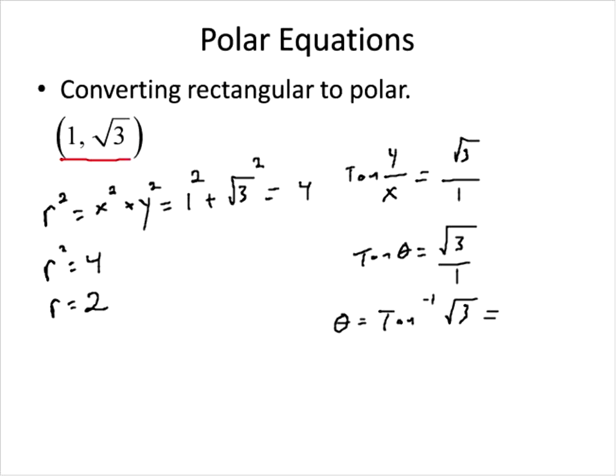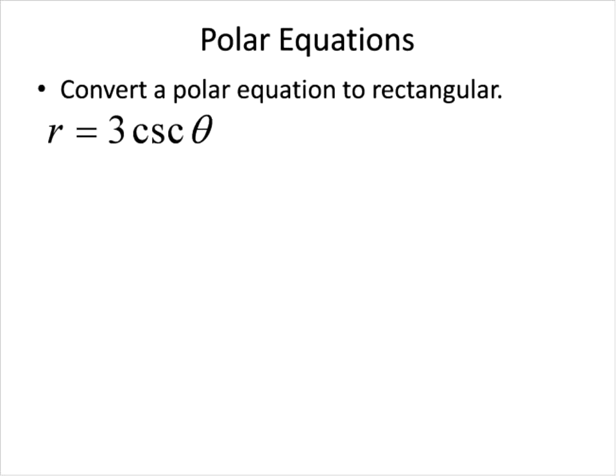And if you take the tan inverse on your calculator or look on the unit circle, you will see that that's going to be at 60 degrees. So let's write out the point. Our point in polar coordinates would be an r of 2 and a theta of 60 degrees. That's going to be our polar coordinate point. So we can now convert back and forth from rectangular to polar and from polar back to rectangular.